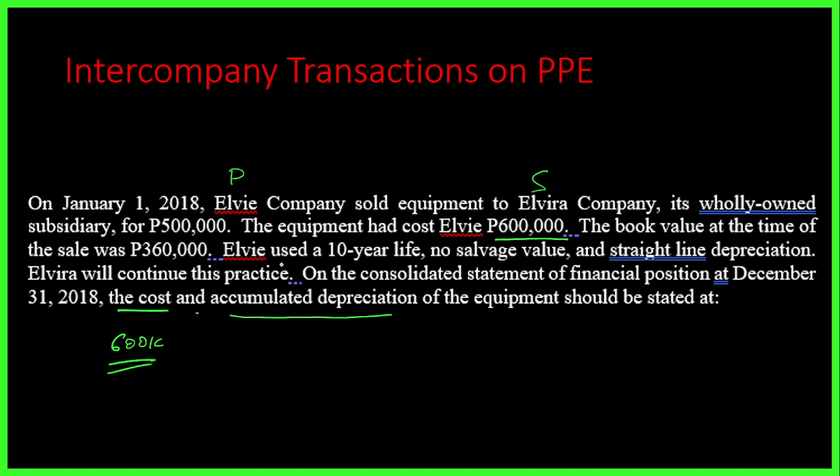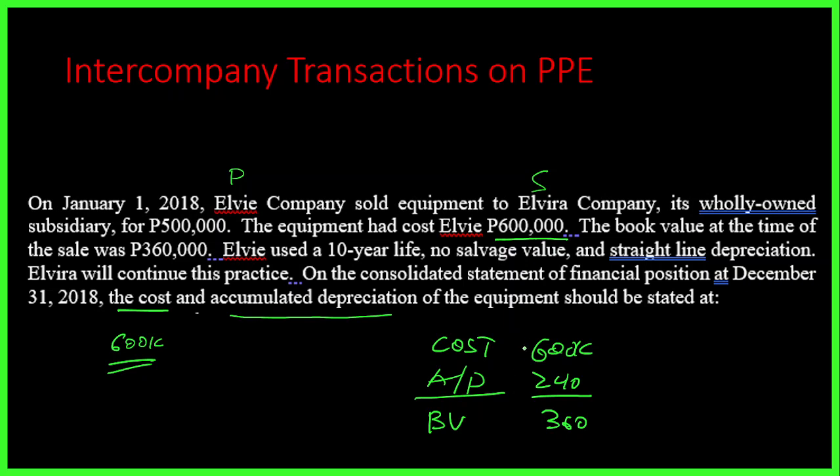So if the book value at the time of sale was 360, let's try to analyze that. The cost was 600,000, your accumulated depreciation, lagay mo dyan, the book value was 360. So at the time of sale, the accumulated depreciation is 600 minus 360, it's 240,000.